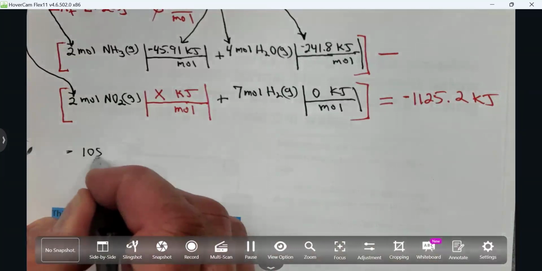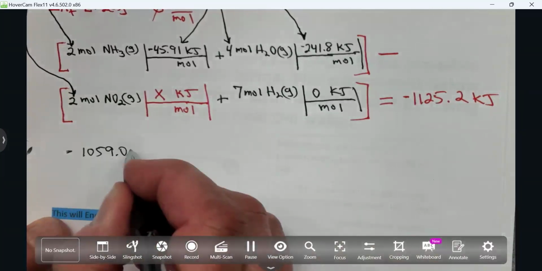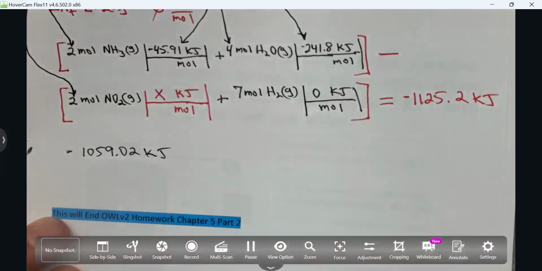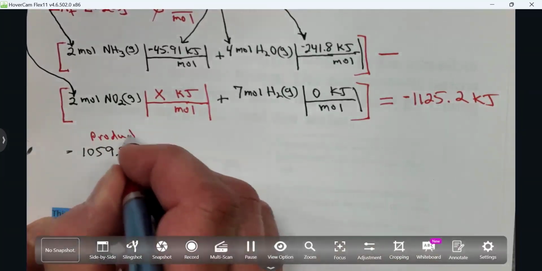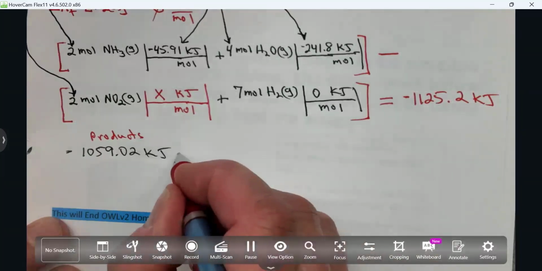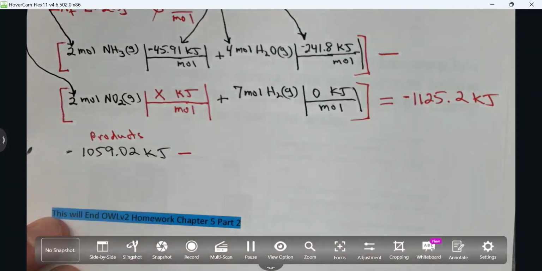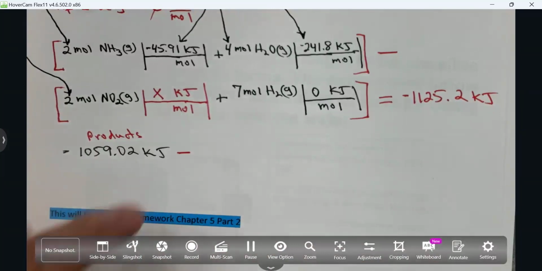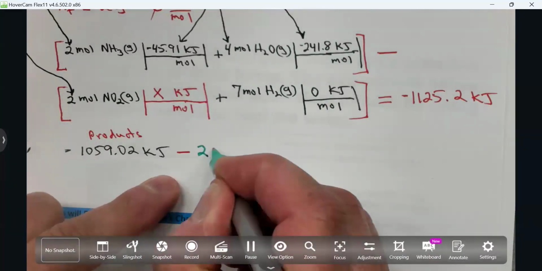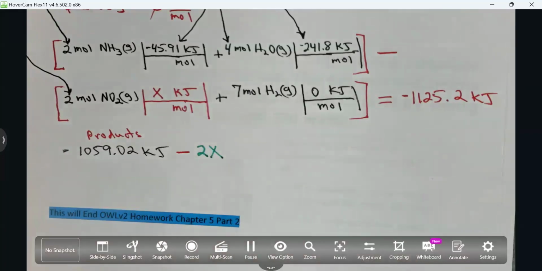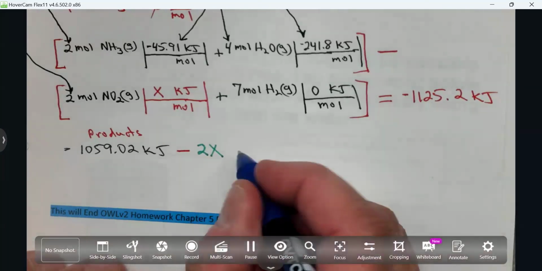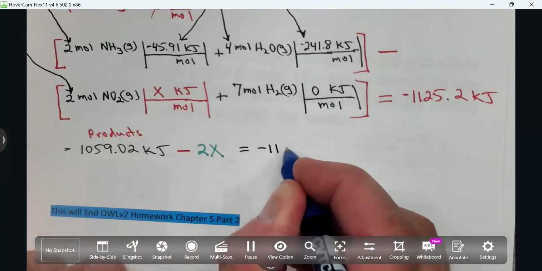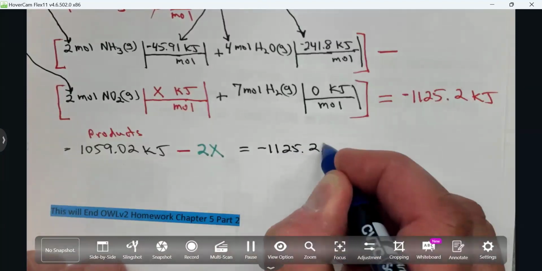Negative 1059.02 kilojoules minus 2x equals negative 1125.2 kilojoules.